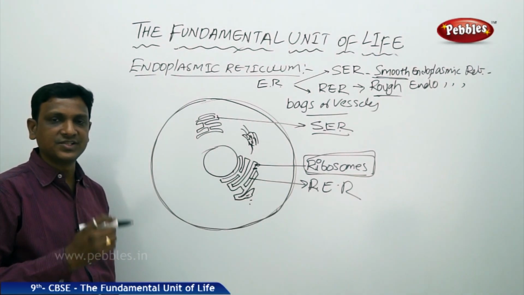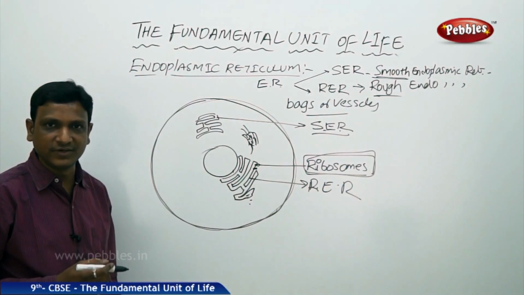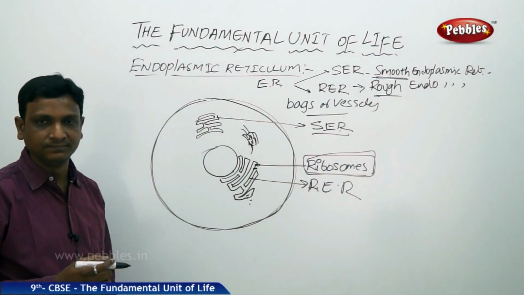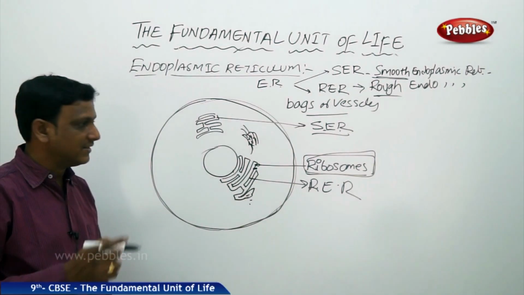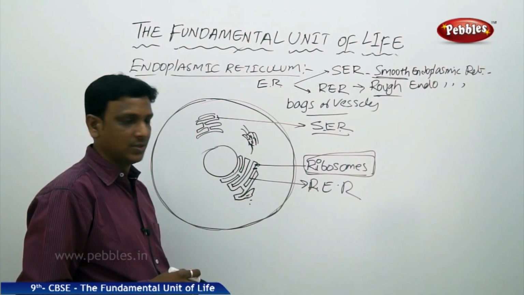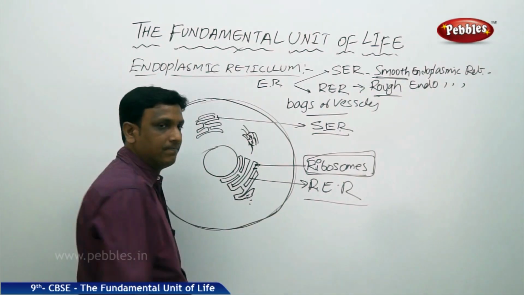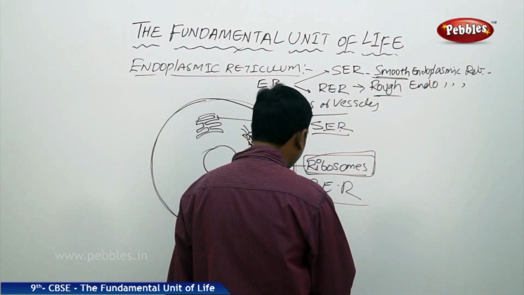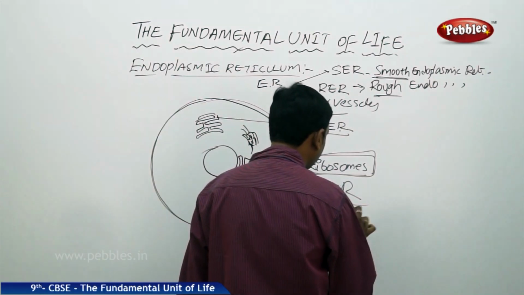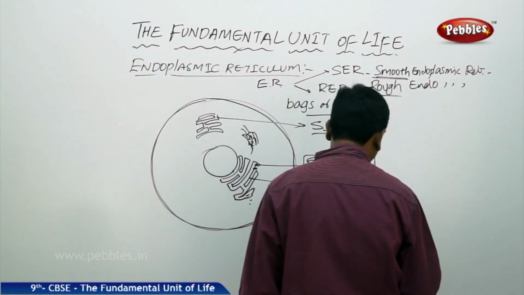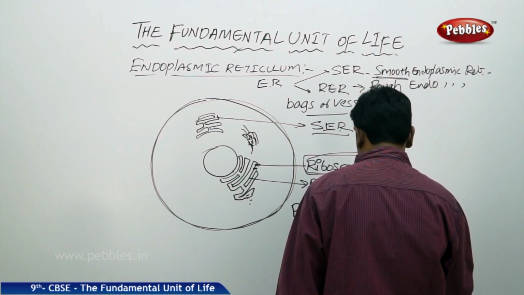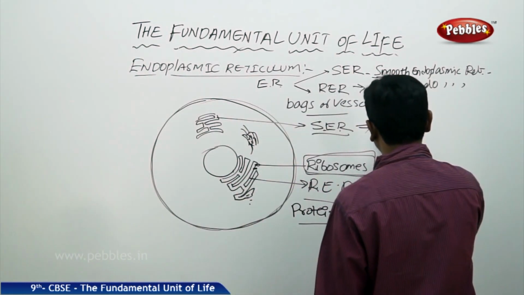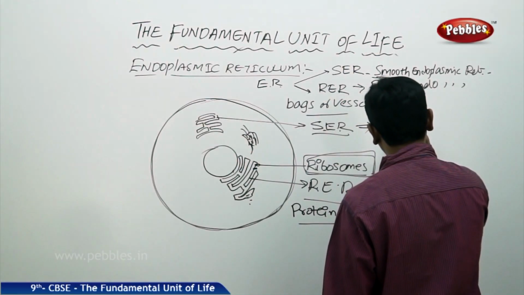But is there only a structural difference or any functional difference between the smooth and rough endoplasmic reticulum? Yes, there is a functional difference too. The rough endoplasmic reticulum is involved in the function of protein synthesis. The smooth endoplasmic reticulum is involved in the function of lipid synthesis.